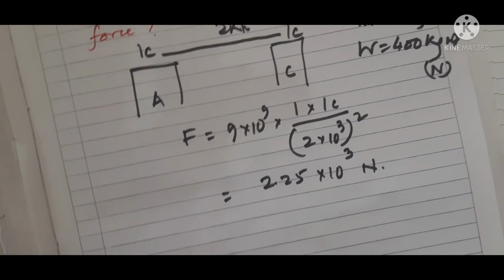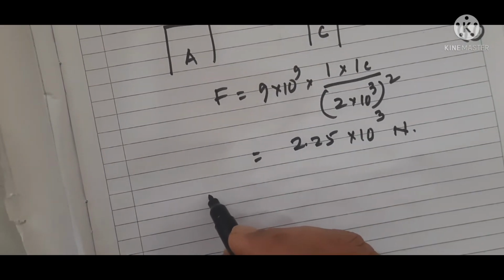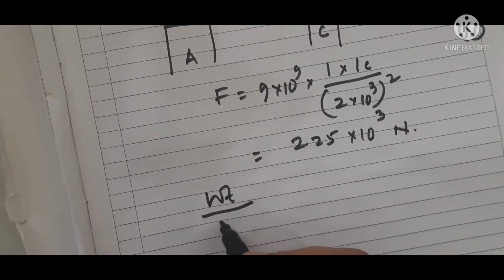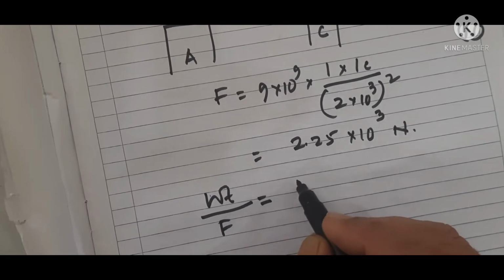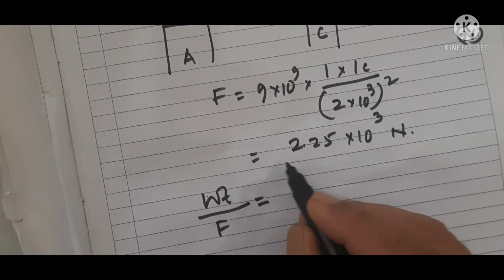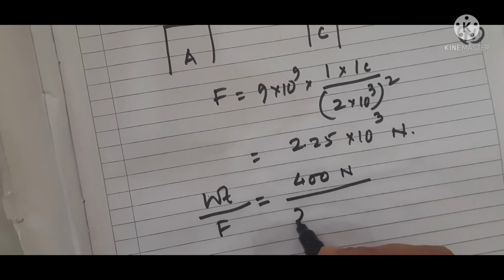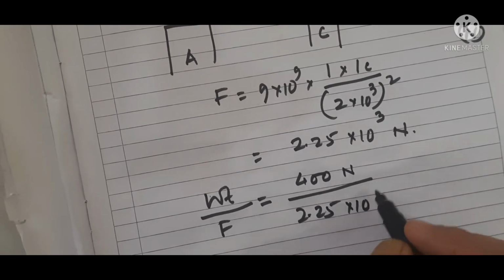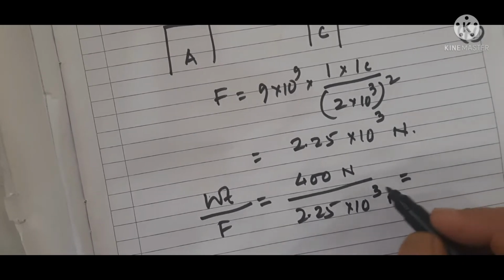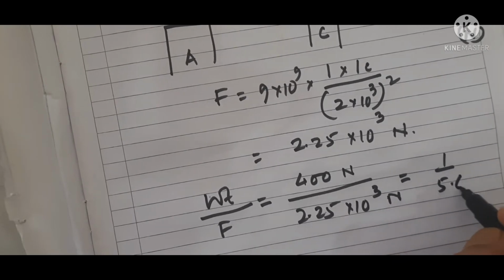That much is the force, and we have to compare this force and the weight. So weight of the body to this force will be 400 Newton by 2.25 into 10 to the power 3 Newton, which comes out to be around 1 by 5.6.